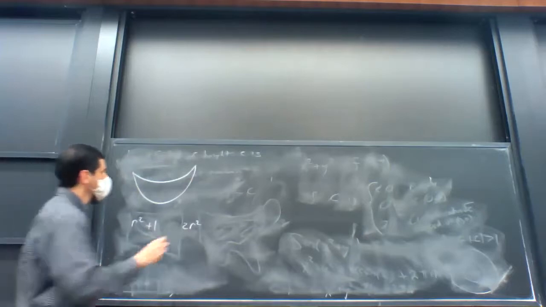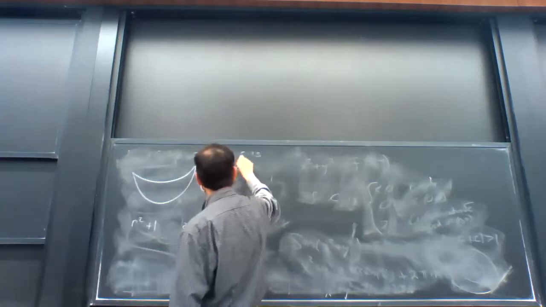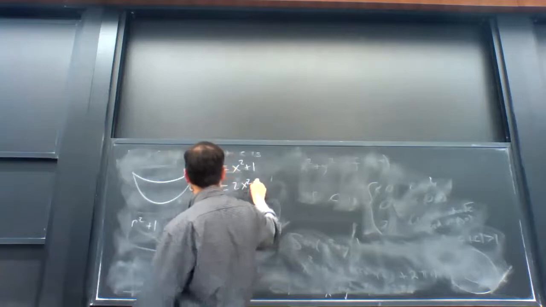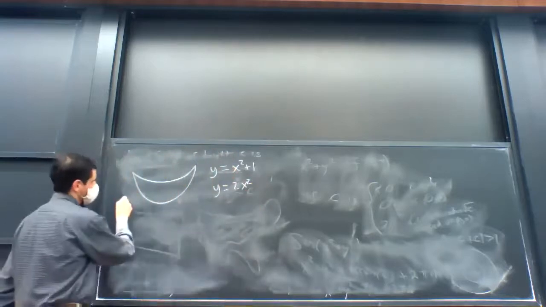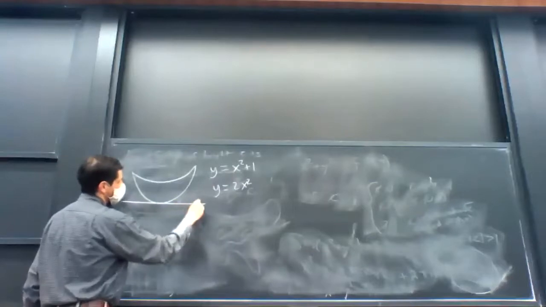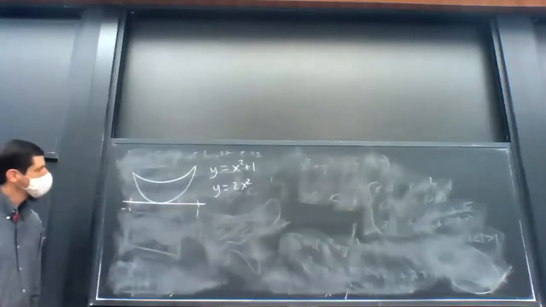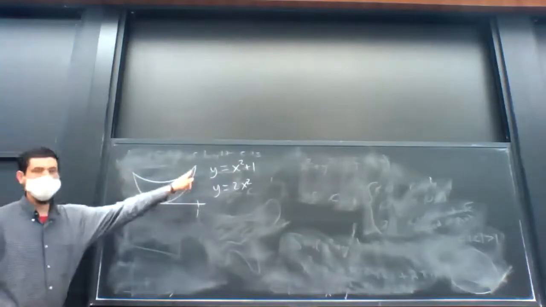Okay, so let's look at y equals x squared plus 1 and y equals 2x squared. If I look at y equals 2x squared, it's going to be this bottom curve over here.